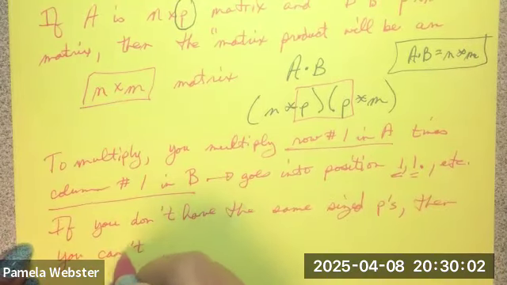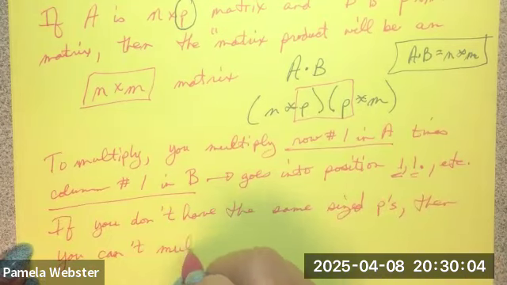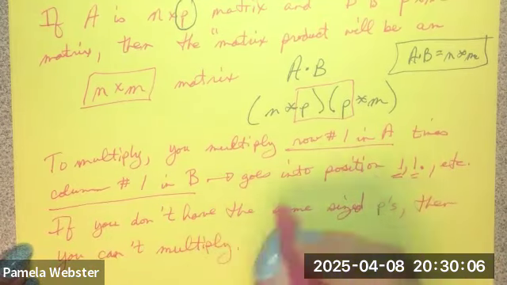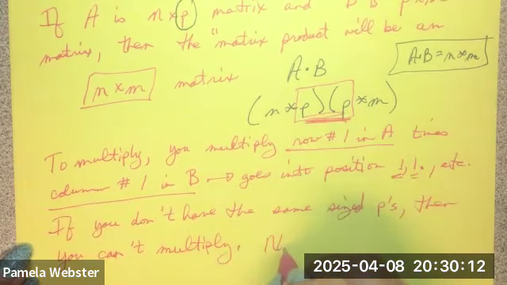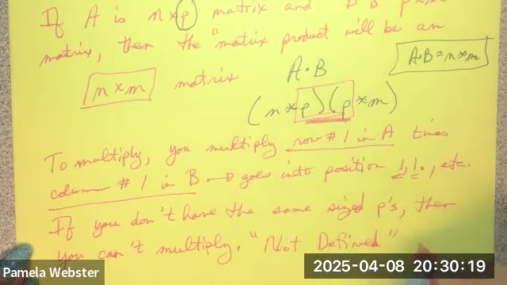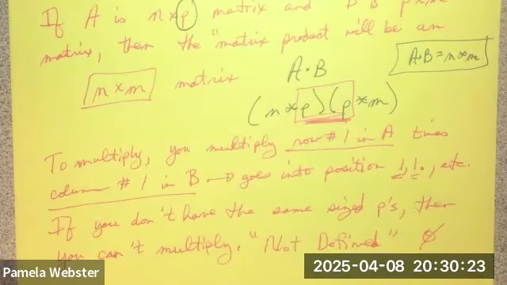So if these two aren't the same number, then you can't multiply, and you will say something like the matrix product is not defined, or no solution, or we can't do it. This is where you can use that circle with a slash through it. Some of you like to use it for a 0. That actually means no solution, so don't use that as a 0.